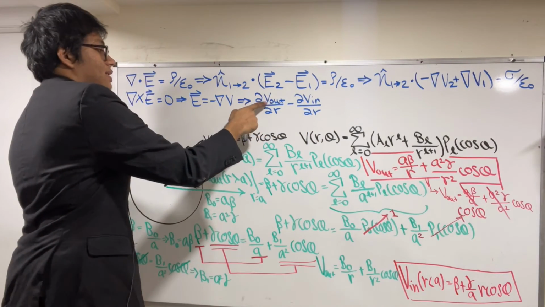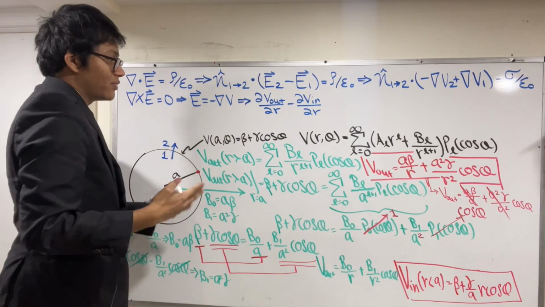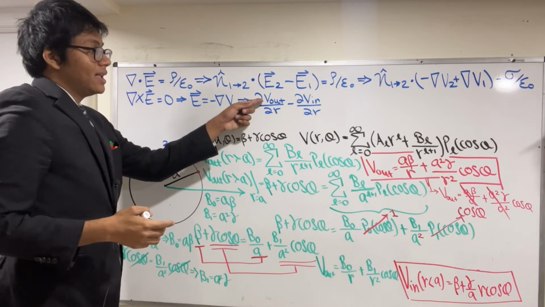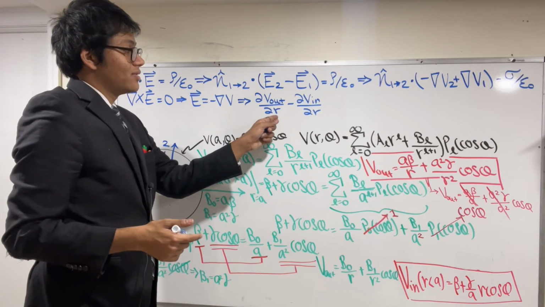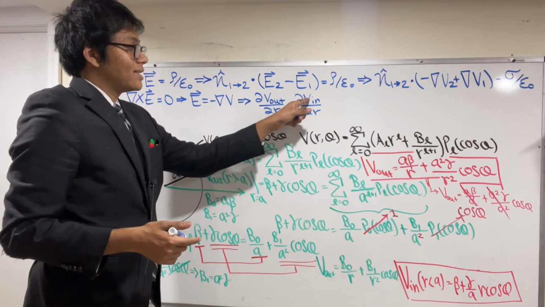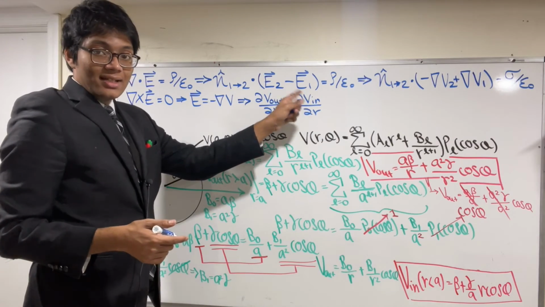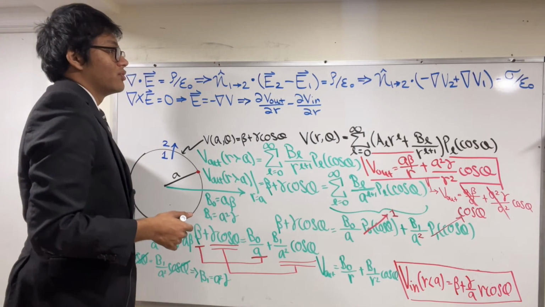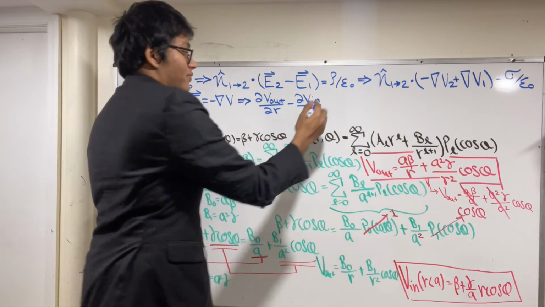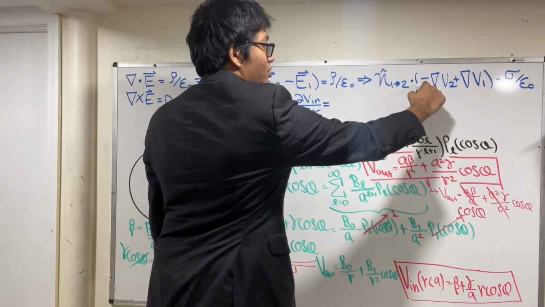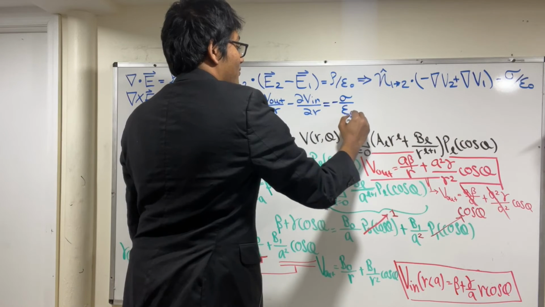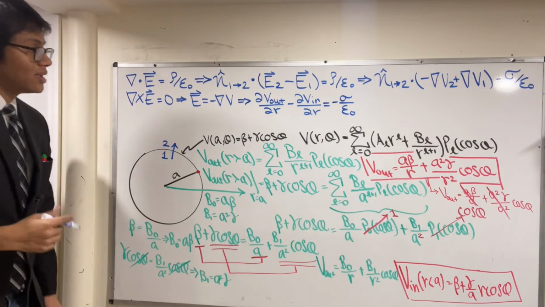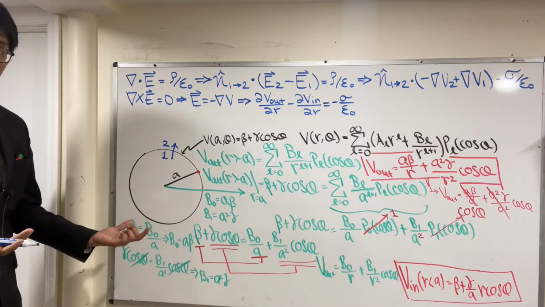So the partial derivative of the electric potential outside with respect to the normal vector, which in this case is the radial vector r, and the electric potential inside differentiated with respect to r. So we take the difference of those two, and since we multiplied both sides by a minus sign, that right hand side now gains a negative. Okay, so now all that's left to do is take our partial derivatives, right?